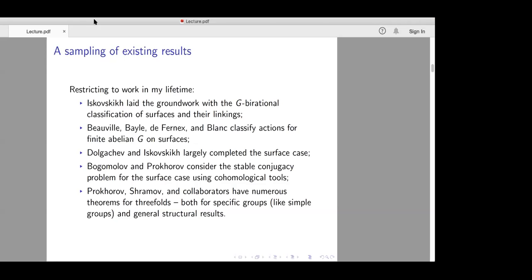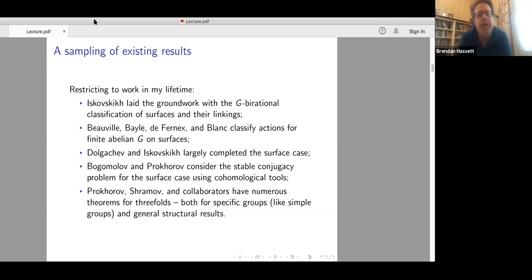But I only mention it because this is one context where some invariants or homological machinery are relevant. And so there are tools that come from Galois cohomology, the Galois cohomology of the group acting on the Néron-Severi lattice of the surface that give you some interesting information on the stable conjugacy question.